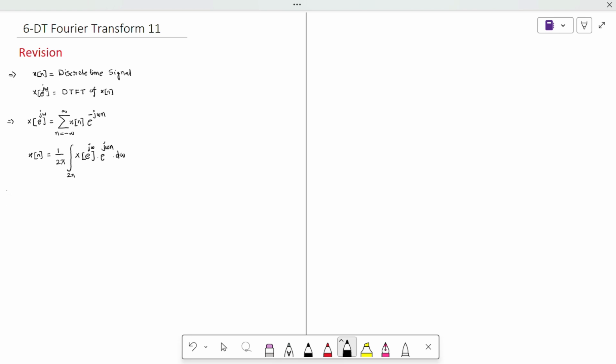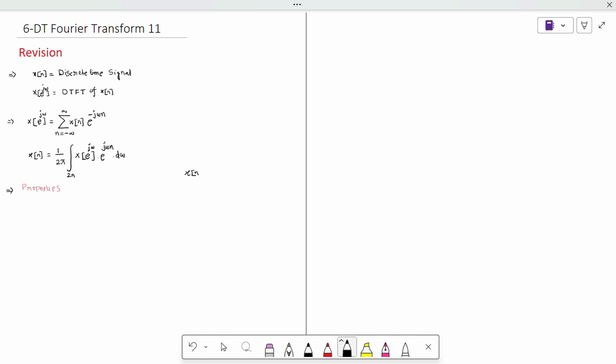So we go for the properties. Before writing the properties, I'm taking two signals.